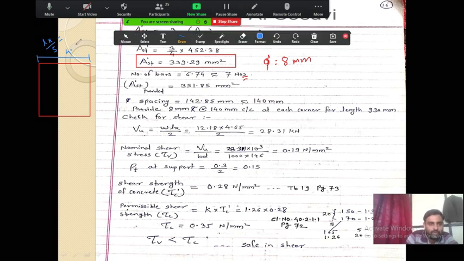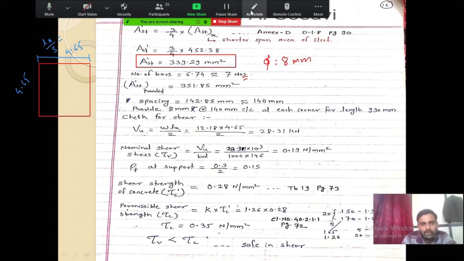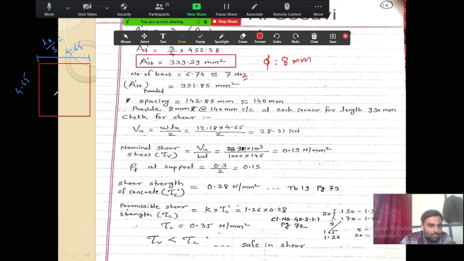This total value is 4.65, and this is also 4.65. If I consider this in mm, then what will it be? It is now 4650, and this is also 4650 if you consider this in mm.